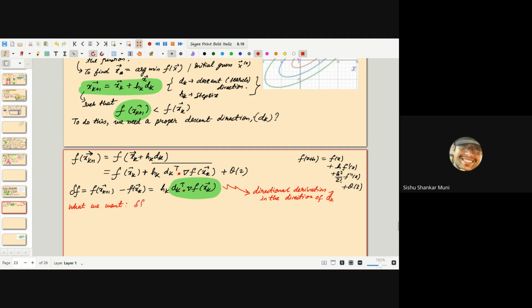So we want delta f less than 0 for minimization. If delta f is less than 0, what do we need? Can you tell me now?